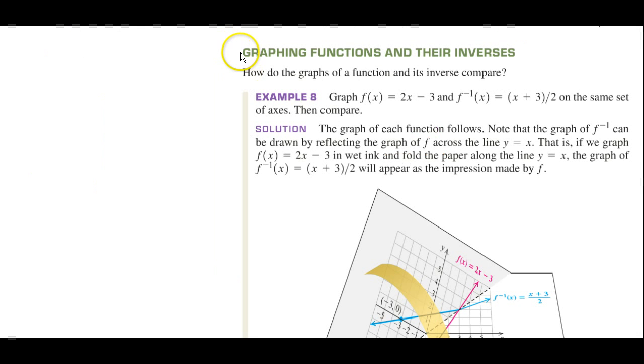Now in this next part, we're going to graph functions and their inverses. How do the graphs of a function and its inverse compare? Well, they want us to graph this one and then graph this one on the same set of axes and then compare.